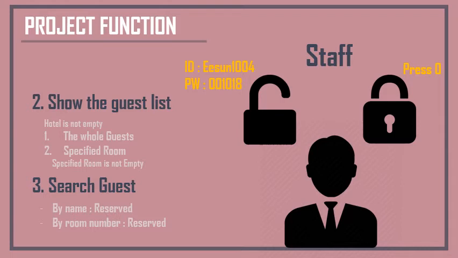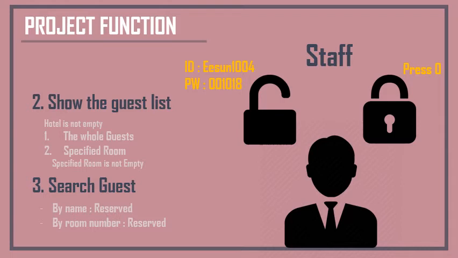Let me tell you about the exception situations that can occur while running the 3 additional menus. First, you can view the second feature, a list of guests. In this function, if there are no guests at the hotel, the warning statement is printed and the function is terminated.